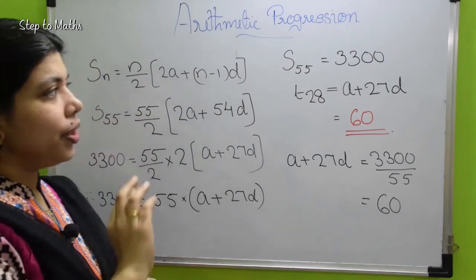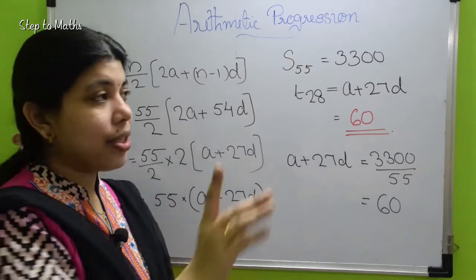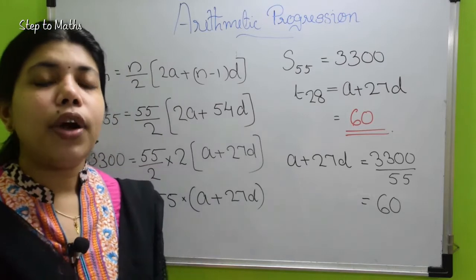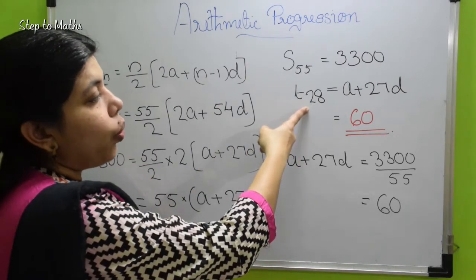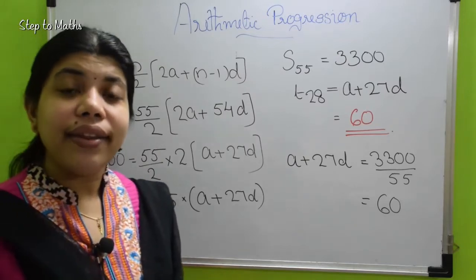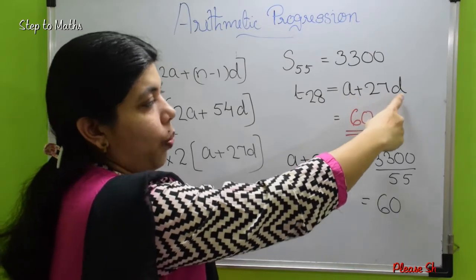In this problem, sum of first 55 term of an AP is given 3300. That is the only given information. We have to find the 28th term of this AP. And 28th term is a plus 27d.